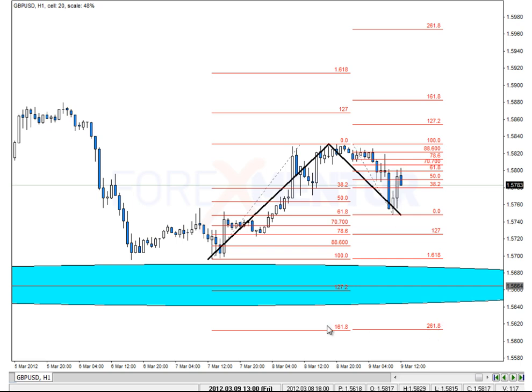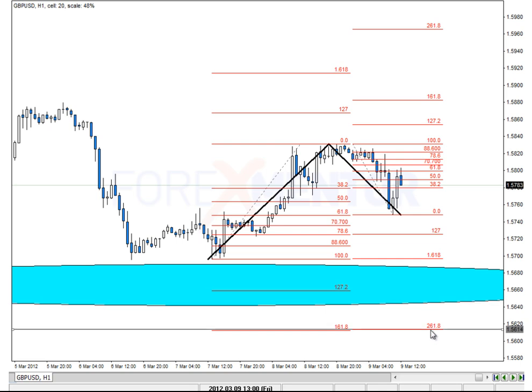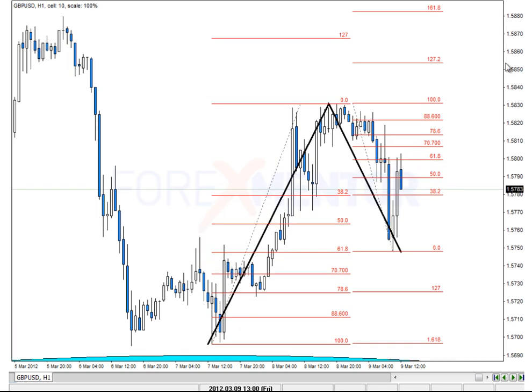So very, very tight confluence, and the tighter the number is to that 62 Fibonacci level, the tighter this number and this number are going to be. So that's the level right there. If we just drop this line down, that's the area of interest that I'm looking to buy at.